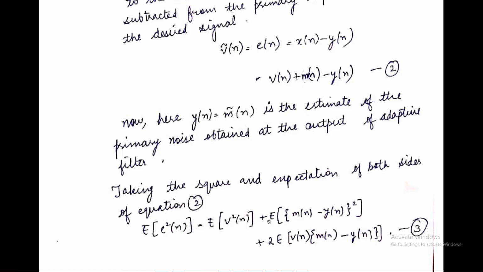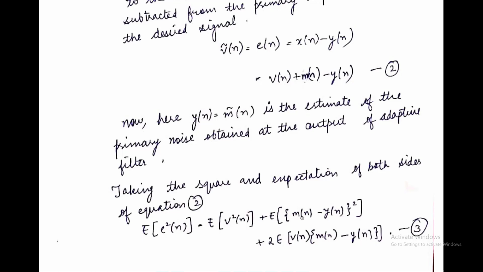So we can apply, and if you put the equation of En from equation number 2 into this equation, you will get expectation of V square n plus expectation of Mn minus Yn whole square plus 2 expectation of Vn into Mn minus Yn. Basically we are using the formula of A square plus B square plus 2AB.